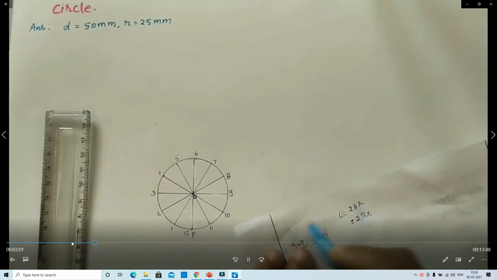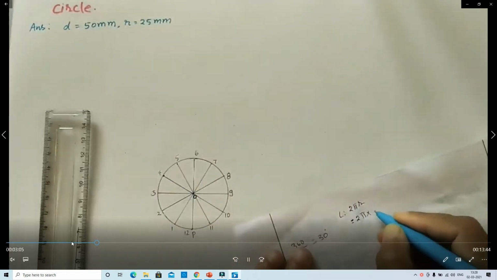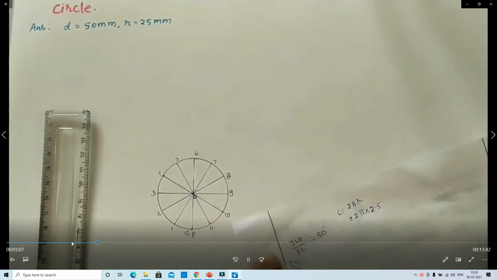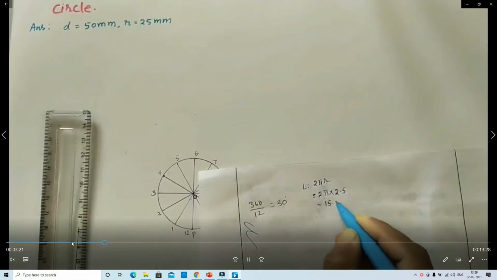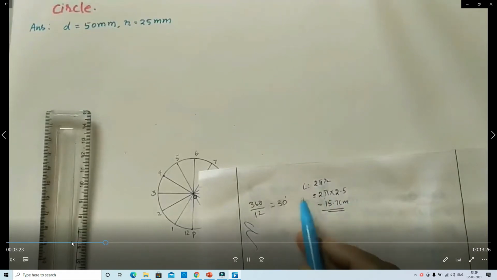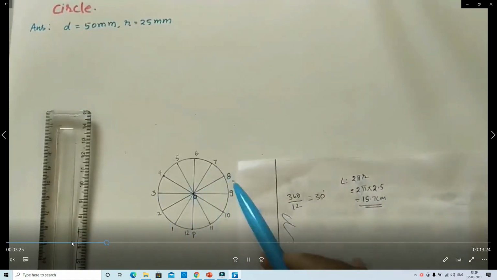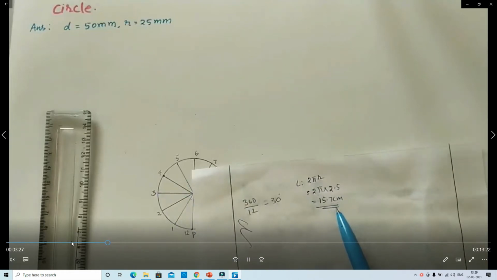The formula is pi d, if you take the diameter. Otherwise, L is equal to 2 pi r, where we consider the radius. In the problem, 50 mm is the diameter, so 25 is the radius.